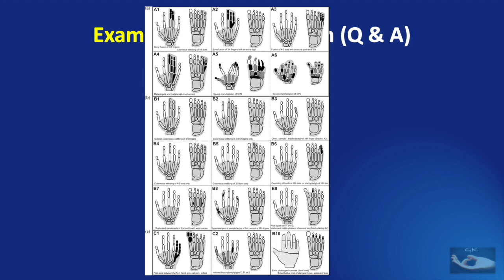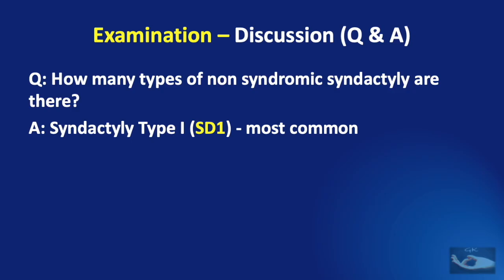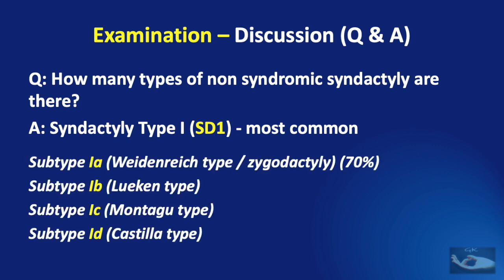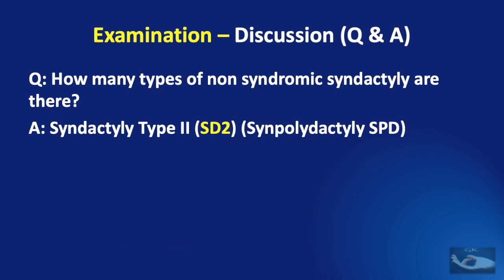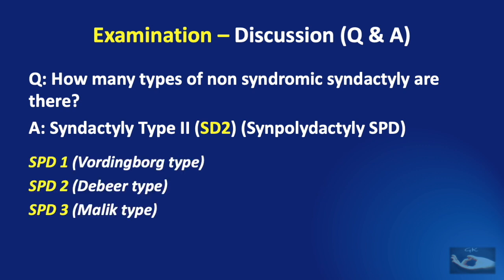Let us see what these 9 types are. Type 1 or SD1 is the most common. This is further subdivided into 4 subtypes. Subtype 1A or zygodactyly being the most common. Syndactyly type 2 or SD2 involves syn-polydactyly, which is further divided into 3 types.